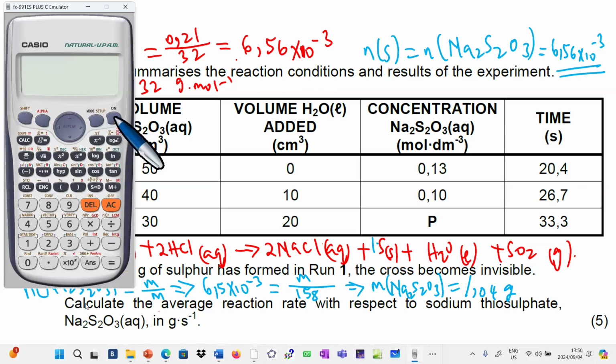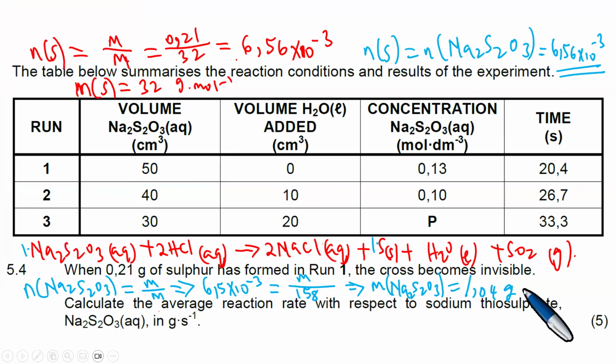If we use 0.21 divided by 32 times 158, we get 1.04. 1.03 is acceptable, but 1.04 is the most accurate answer. So the mass of the sodium thiosulfate is 1.04.